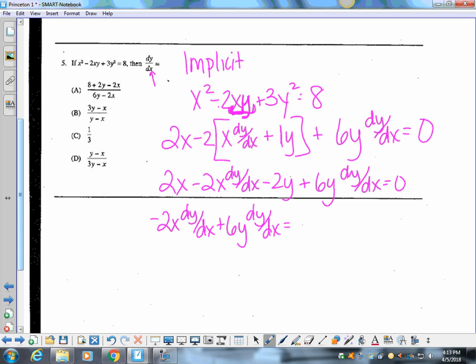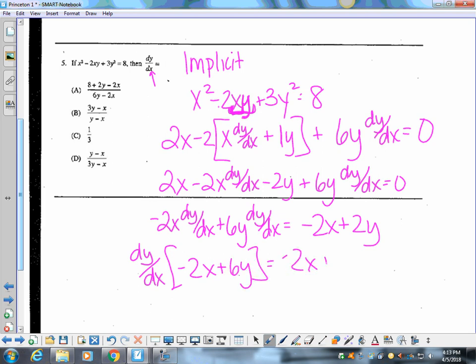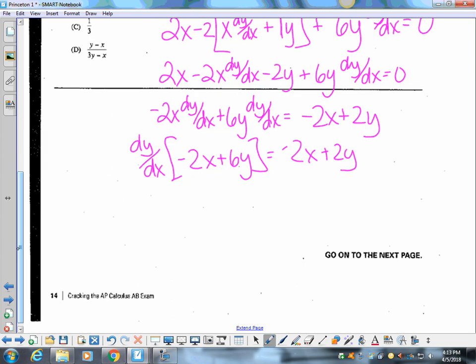And I'm going to move my 2x and move my 2y over to the other side. Then I'm going to GCF my dy/dx. And then my very last step is going to be to divide by this thing.